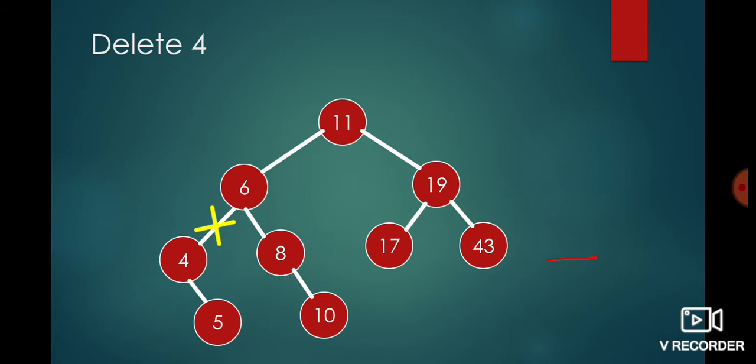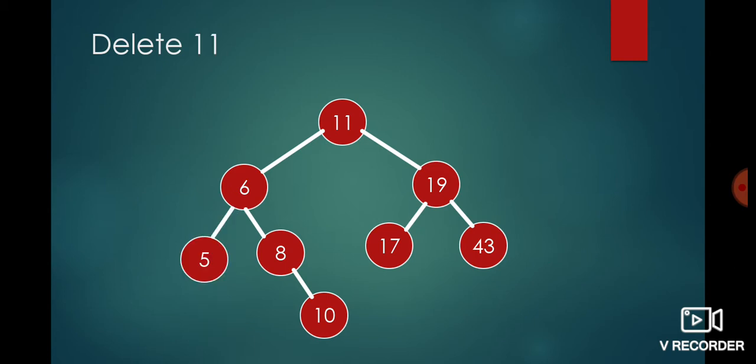If you want to see it again, we have to delete 4. So what we do is, first of all, remove this relation and create a relation between parent and its child. So 4's parent is 6, 4's child is 5. So create a relation between 6 and 5. So in this way, we delete a node which has one child.